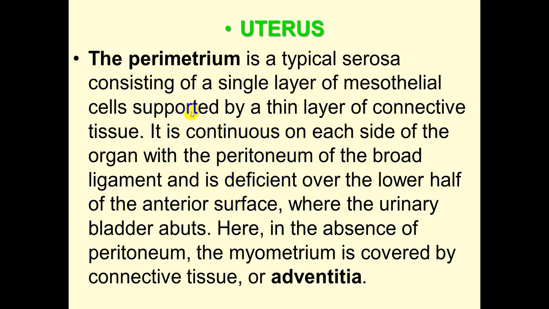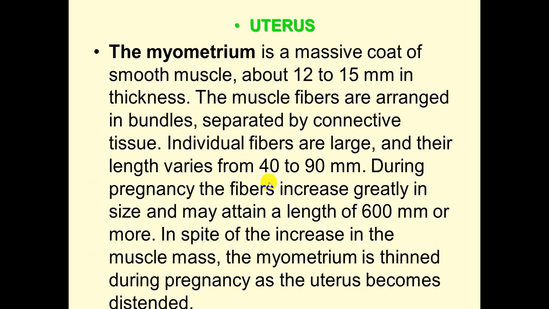Perimetrium is typically tunica serosa, or tunica adventitia, which is covered by simple squamous epithelium. Myometrium is a massive coat of smooth muscles, comparatively very thick.